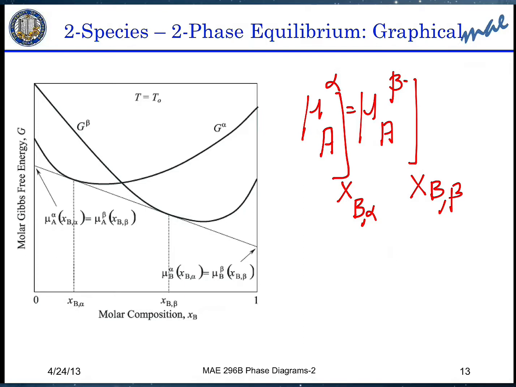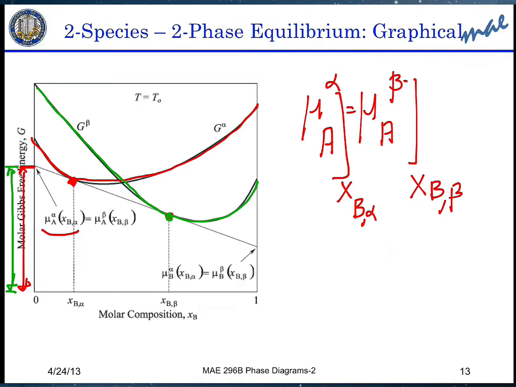The only way that this can happen is if I have a common tangent, because this height from here to here is mu A in alpha phase, because it belongs to the alpha phase. If I take the beta phase, which is green right now, and draw another tangent, then it will have an intercept, which is a green intercept here.